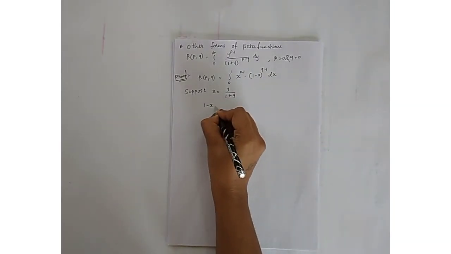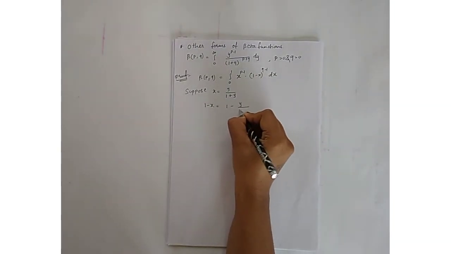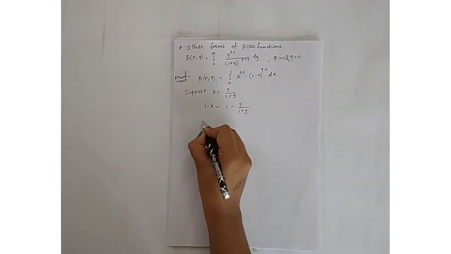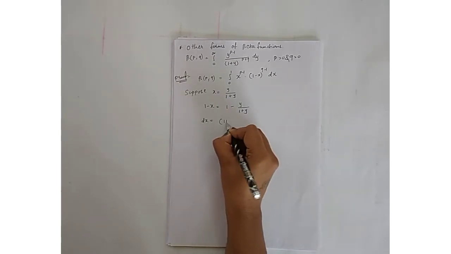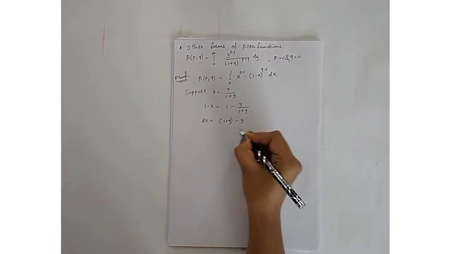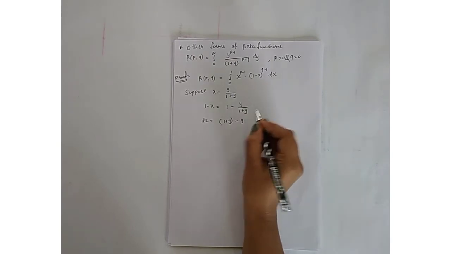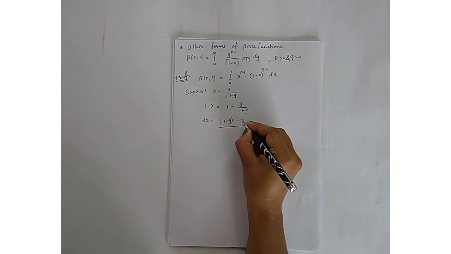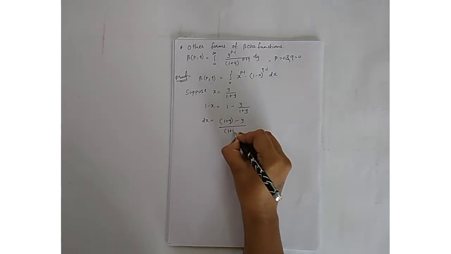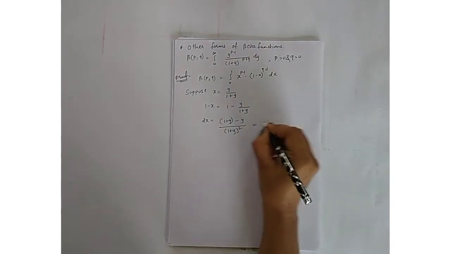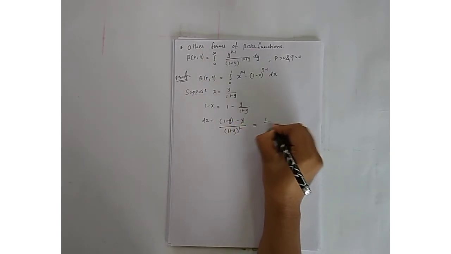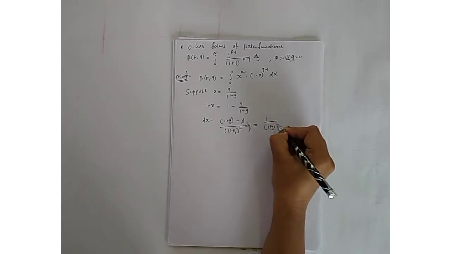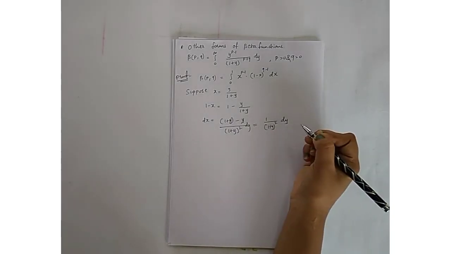So 1 minus x is equal to 1 minus y upon 1 plus y, and dx is equal to (1 plus y minus y) upon (1 plus y) whole square into dy. The y gets cancelled, so it is 1 upon (1 plus y) whole square into dy.